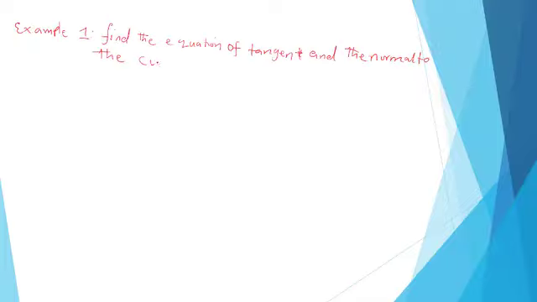Now I want us to try a question applying this same concept. Let's call this example 1. Find the equation of the tangent and the normal to the curve at the point x equals 1.